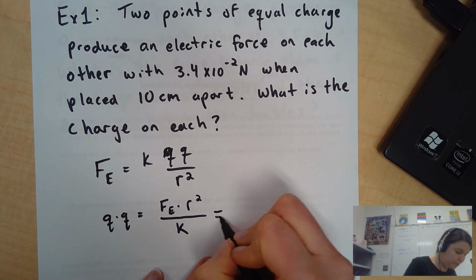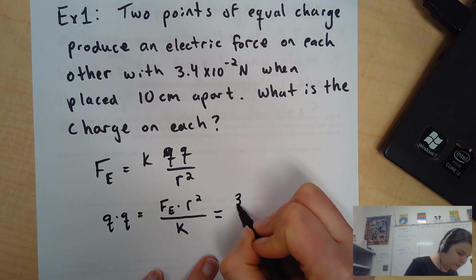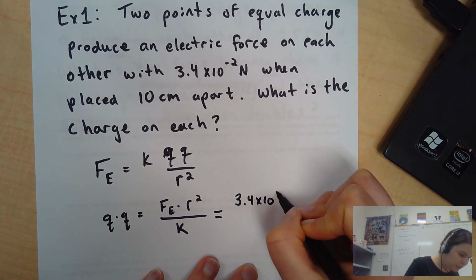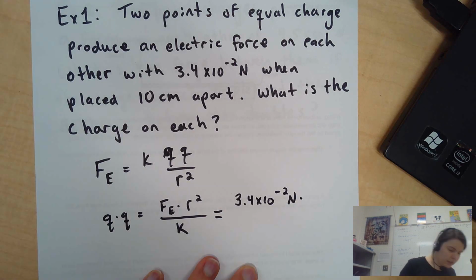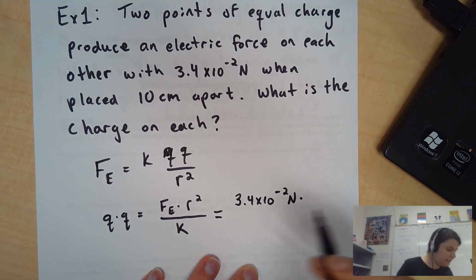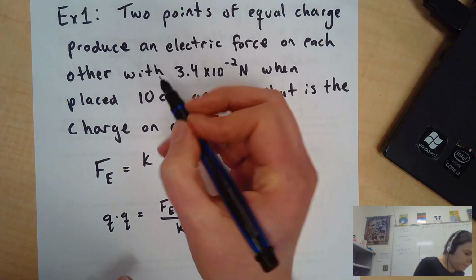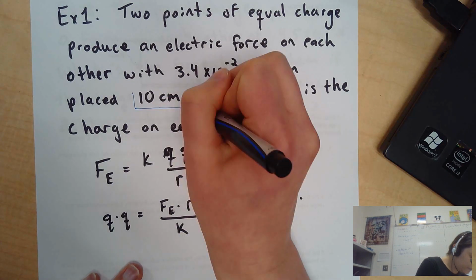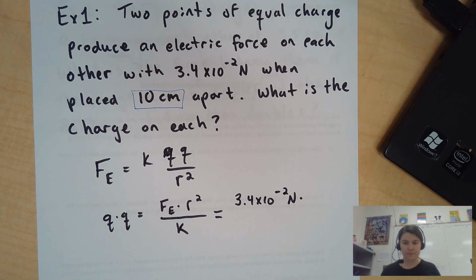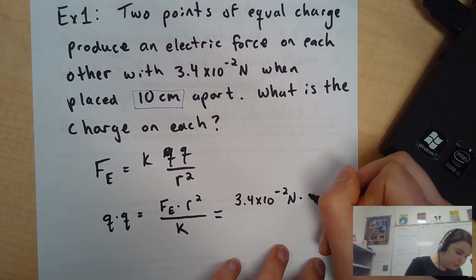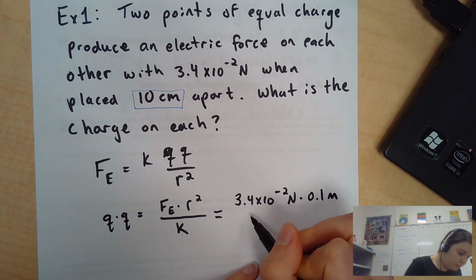And I should be able to plug all of this in. So this is 3.4 times 10 to the negative 2 newtons times the radius. Now, they did give us the radius, but warning, it's in centimeters. We need this to be in meters in order for this law to work. So we're just going to do a quick conversion, 0.1 meters.